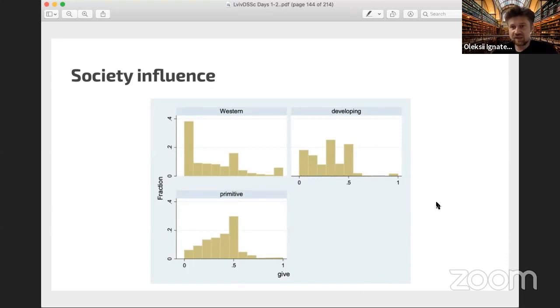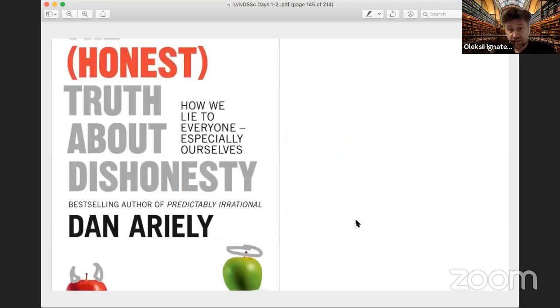I mean, here are the propositions, how you propose. Western society is actually more competitive, so here people take everything for themselves. But in developing and primitive societies, there are spikes on 50-50 deals. So this is quite interesting.